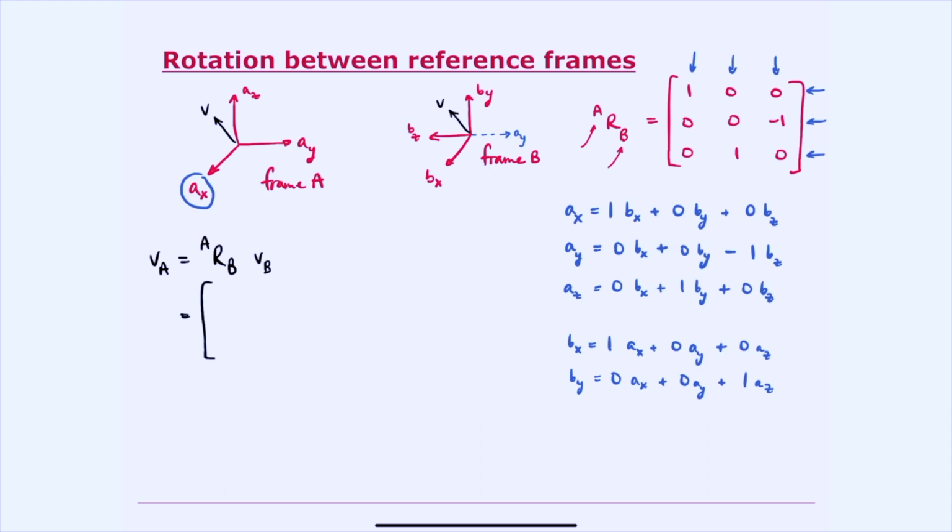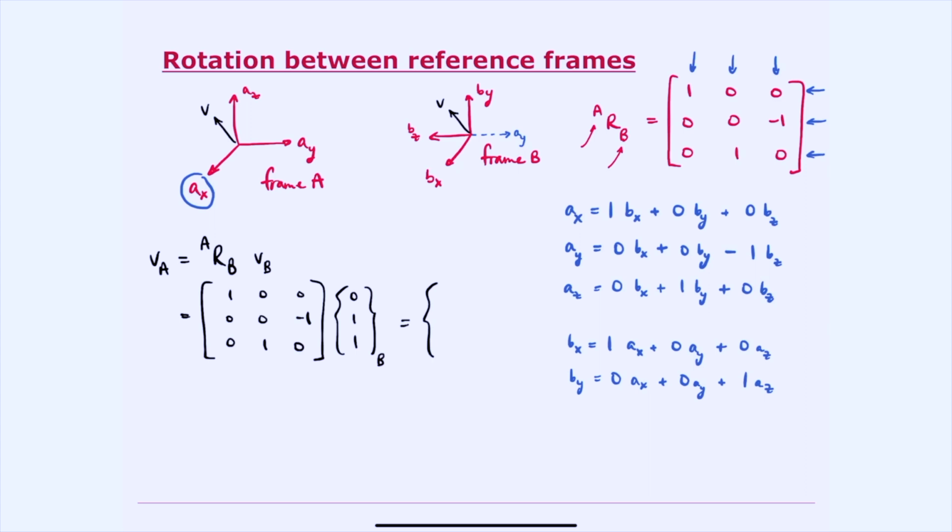Let's try multiplying our rotation matrix, R from A to B. This is 1, 0, 0, 0, 0, negative 1, 0, 1, 0. And what are the coordinates of vector V with respect to frame B? Well, it looks like it's 0 in the BX direction. It looks like it's 1 in the BY direction and 1 in the BZ direction. Okay, so let's perform that multiplication and see what we get.